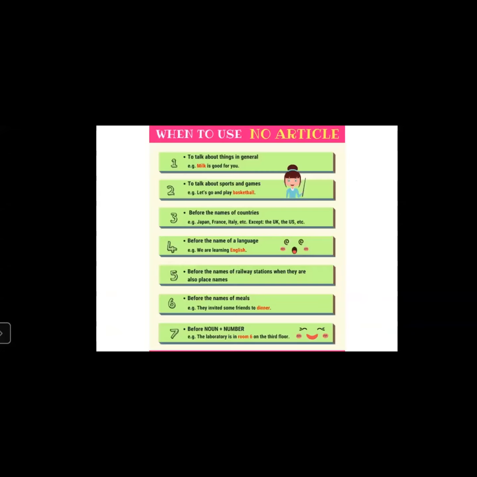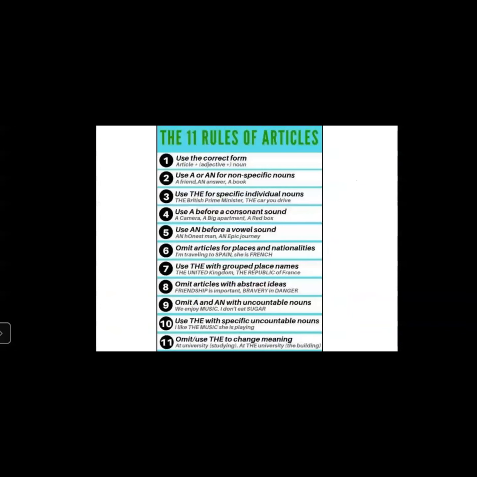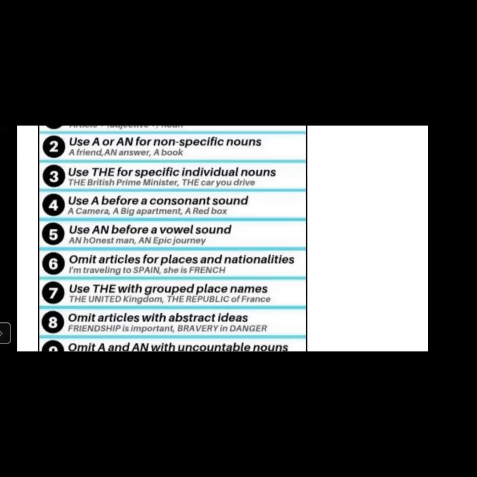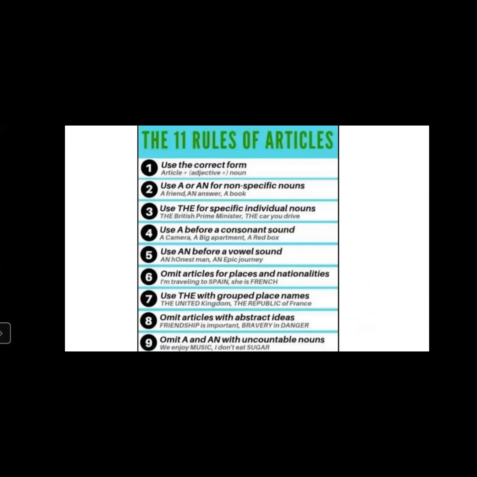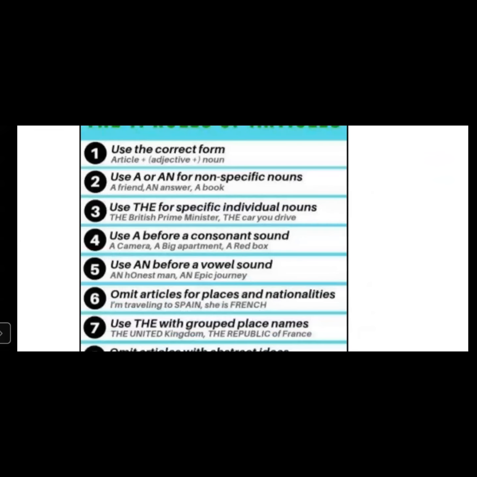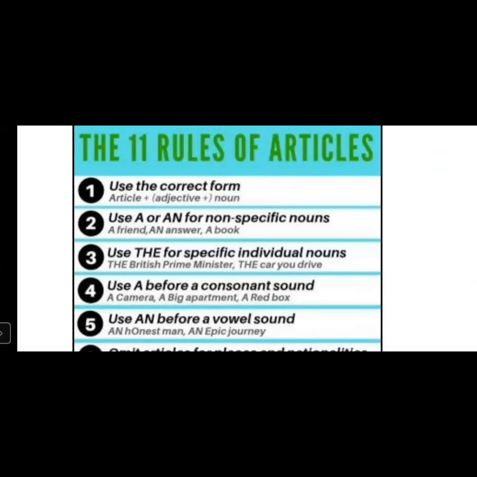Okay. Now we will see some rules that we have to follow while writing an article. See here, here are 11 rules that you have to follow while writing the article. Use the correct form, that means article plus adjective or noun. Then use a or an for non-specific nouns, like a friend, an answer, a book.